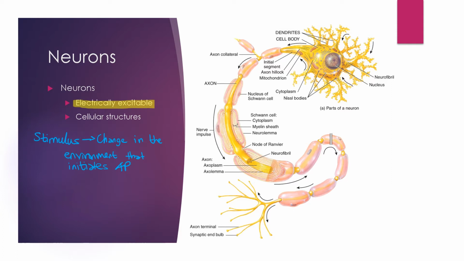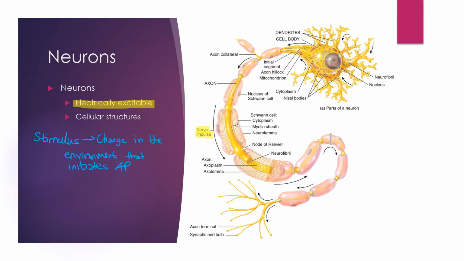An action potential, remember, sometimes abbreviated AP, or also known as a nerve impulse in the case of nerve cells, is going to be an electrical signal that propagates or travels along the surface of the membrane of the neuron.